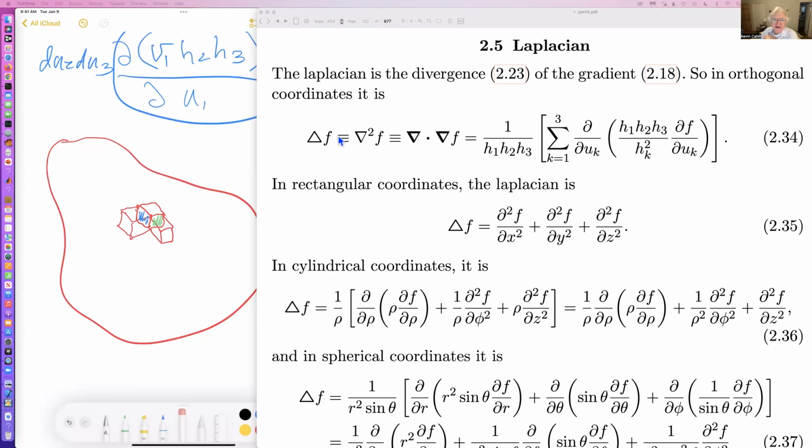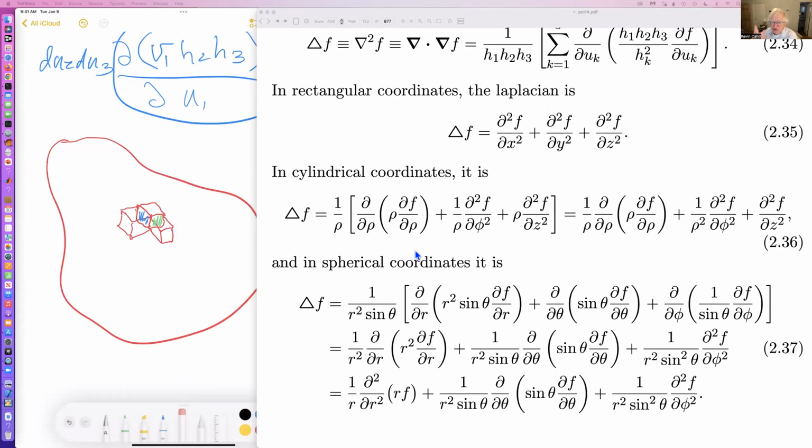On the other hand, that's a lot of writing, and so people often write this as a triangle. Just combining these two formulas, the formula for the gradient and the formula for the divergence, this is what you get. In rectangular coordinates, it's simply that. In cylindrical coordinates, just putting in the different values of the h's, it's this.